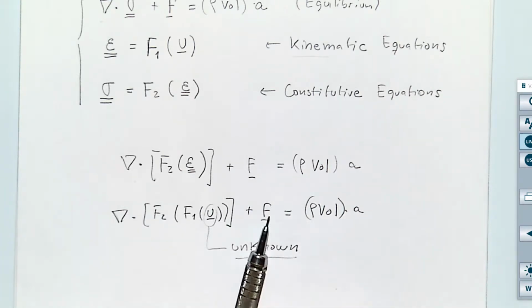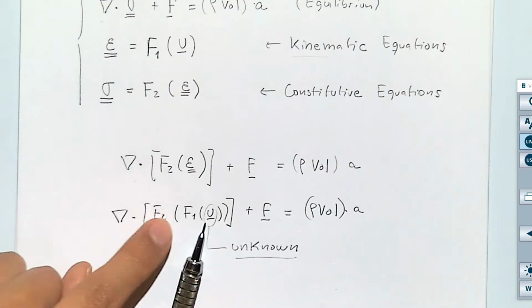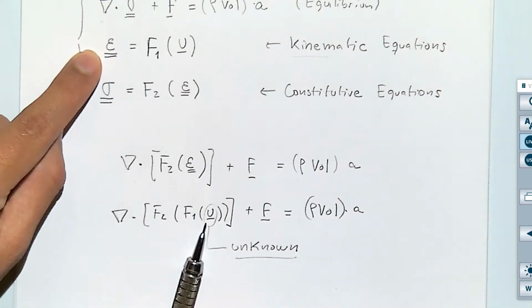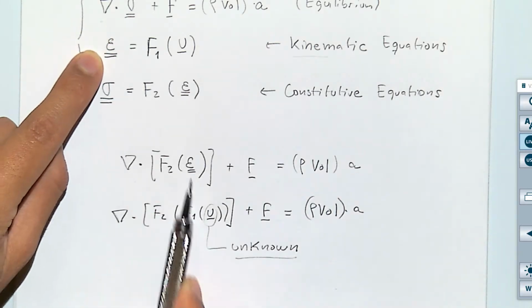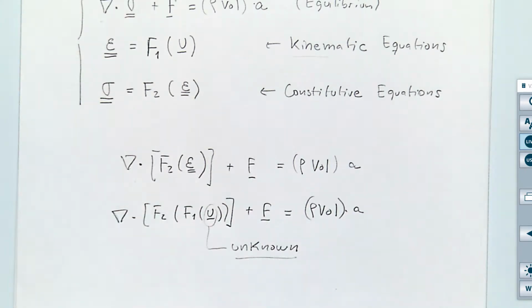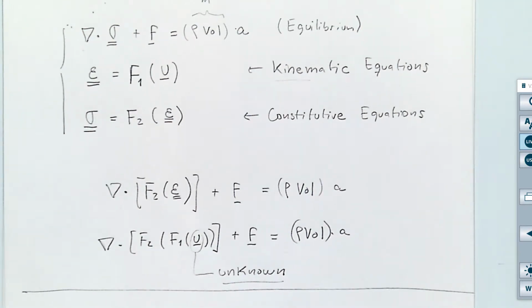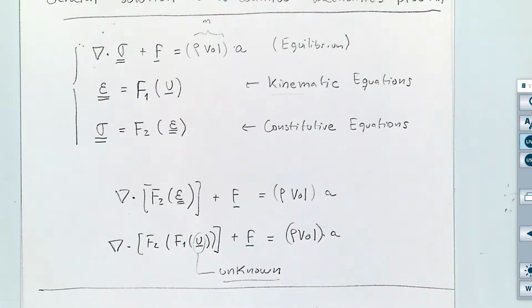And for example, these are the body forces, something that also usually we know. For example, gravity. And our unknown is going to be the displacement. If we solve the displacements, we can tell what the strains are. If we know what the strains are, we can tell what the stresses are. And that would be a very general solution of the continuum mechanics problem.